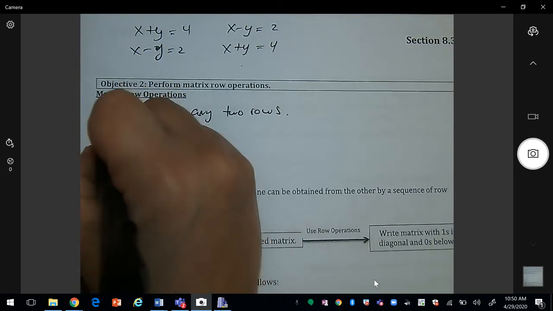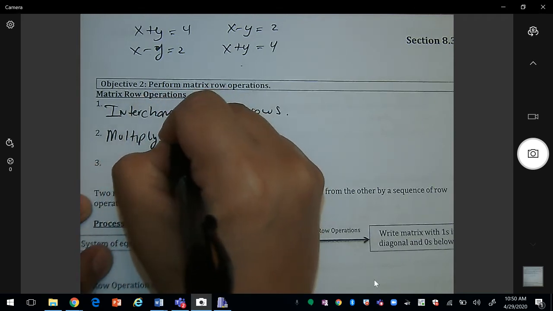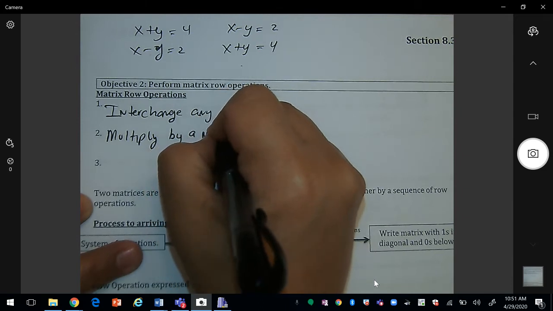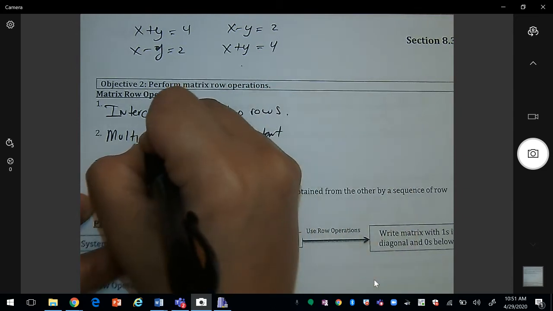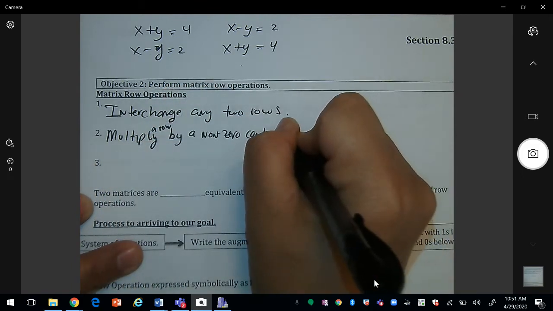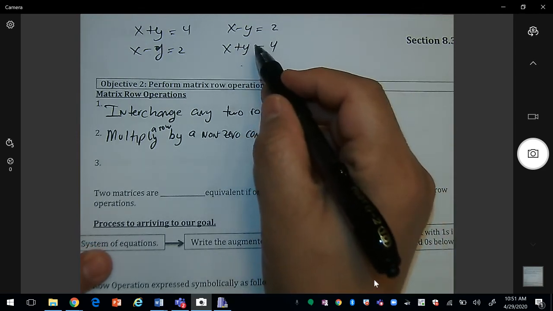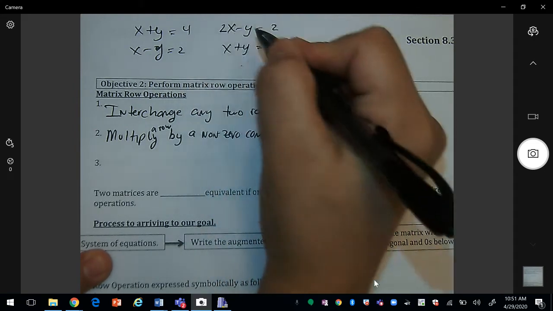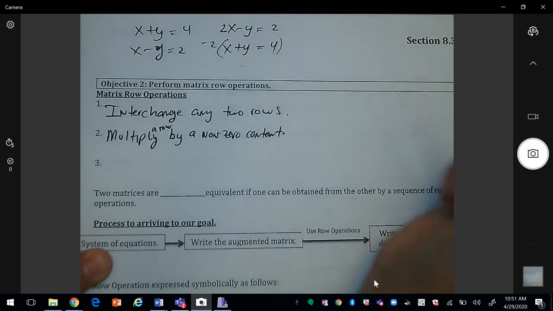I can multiply by a non-zero constant, and that is I can multiply a row by a non-zero constant. And so if you remember when we were solving these equations, if we wanted to, let's say we had a 2 here and we wanted to cancel the x's, then we multiplied this whole row by -2.